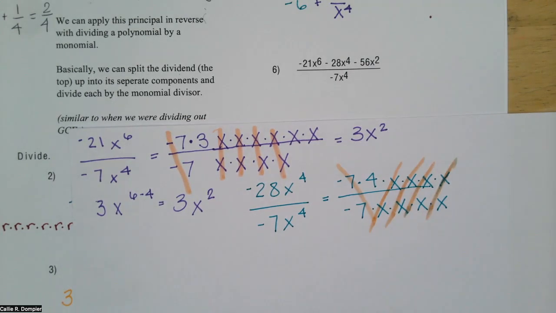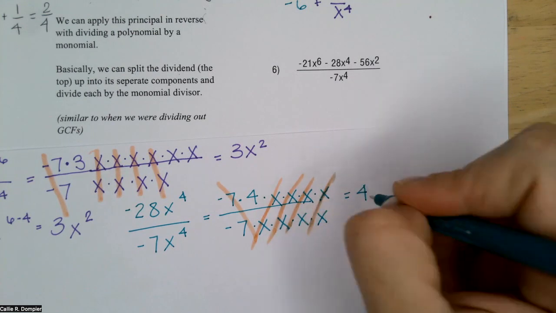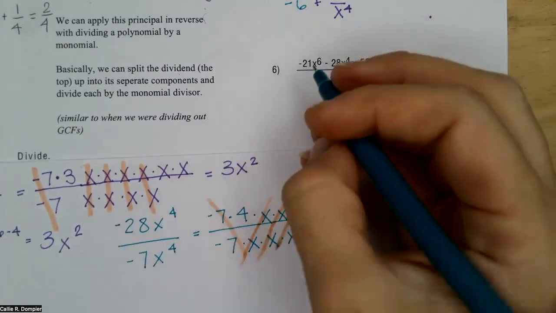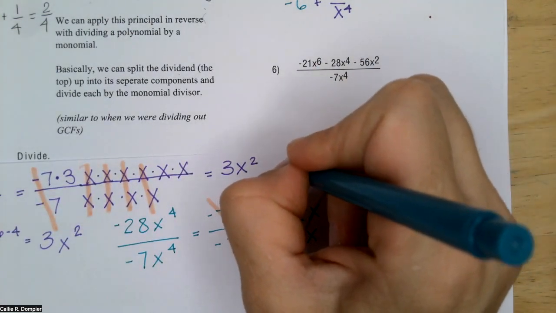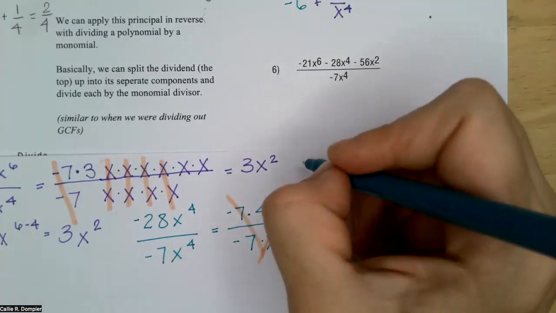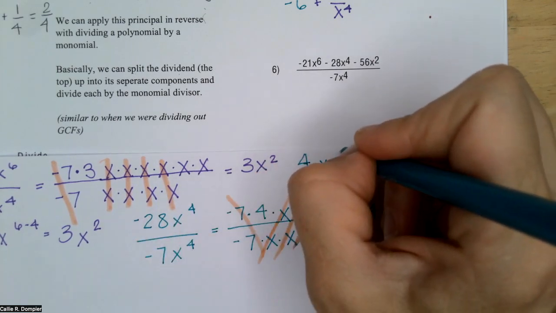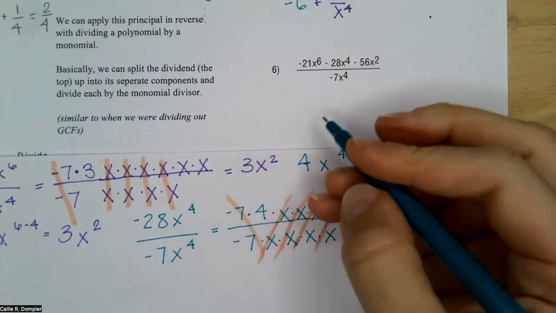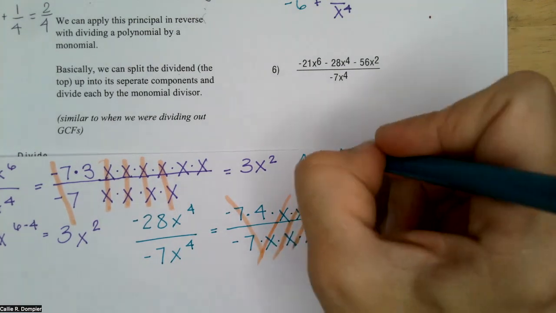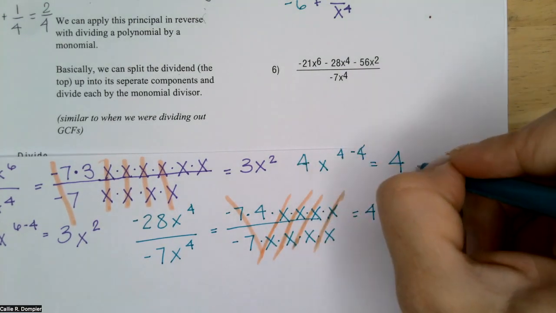And we just say it's 4. Negative 28 divided by negative 7 is just a positive 4. And then x to the power of 4 divided by x to the power of 4 equals x to the power of 4 minus 4. So it's 4.